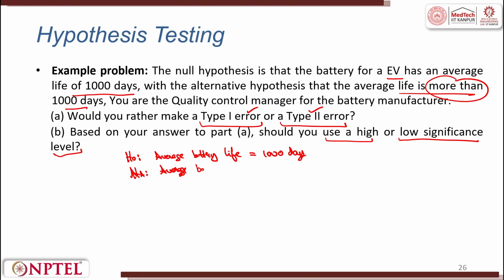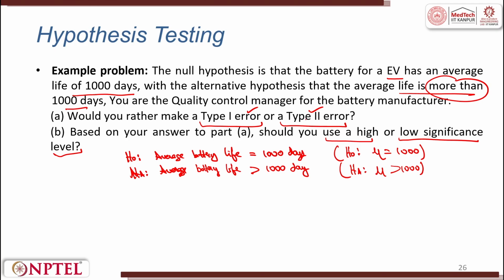We say the alternative is average battery life is more than 1000 days, or we can also put it as H naught is mu equal to 1000, or H alternative is mu greater than 1000. Now they say, would you make type 1 error or type 2 error?